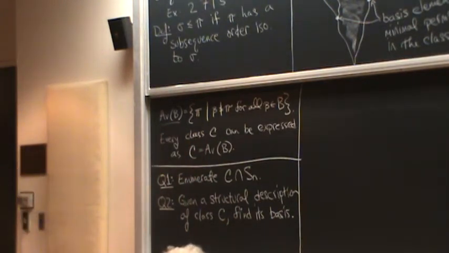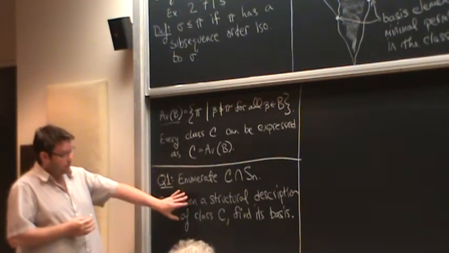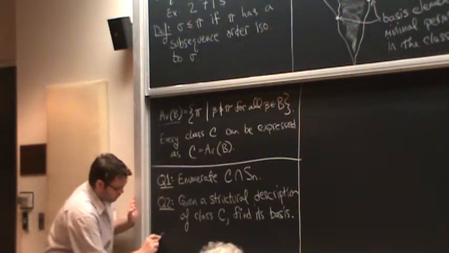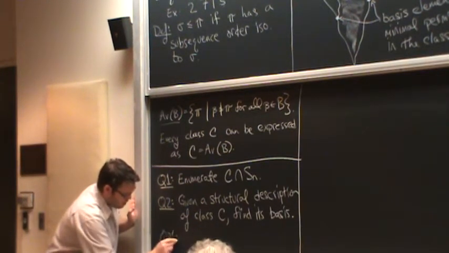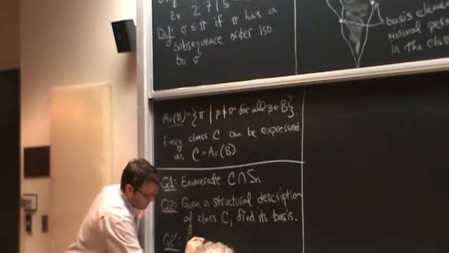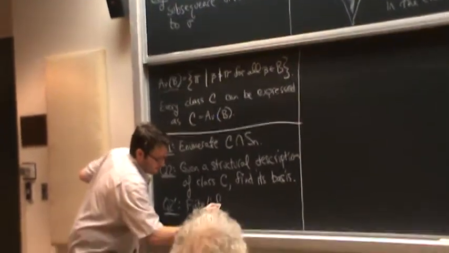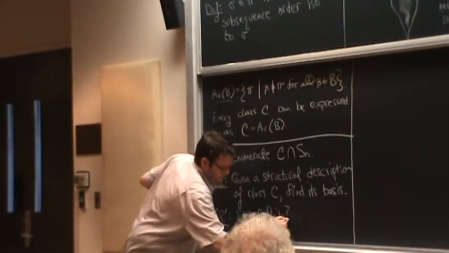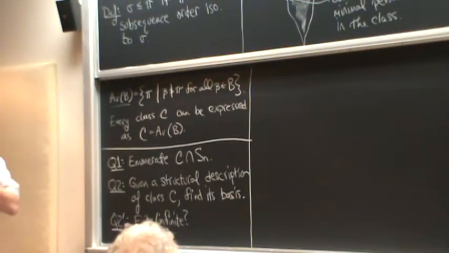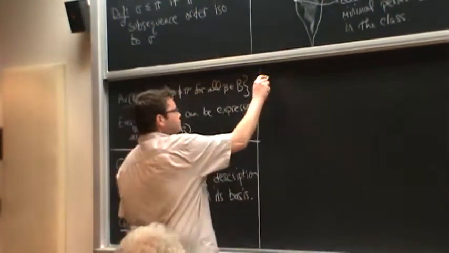So instead of knowing the minimal things that are not in the class, we know what everything in the class looks like. And we might want to ask about its basis. We might also just want to know, is it finite or infinite? So question 2 prime would just be that. There are a lot of other structural things we might ask about.